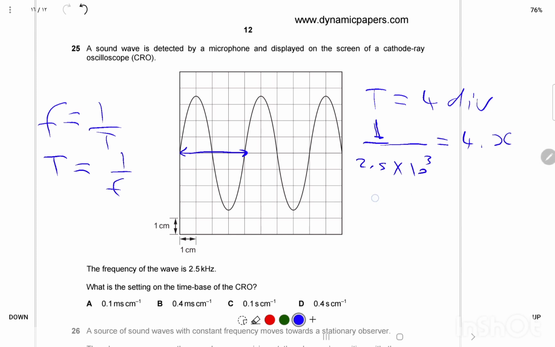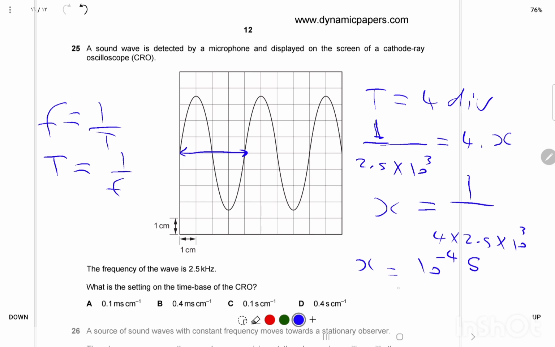So if you solve for x here, you get x is equal to 1 divided by 4 times 2.5 times 10 to the power of 3. x is equal to 10 to the power of -4 second.